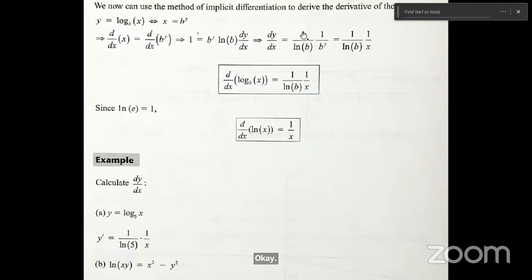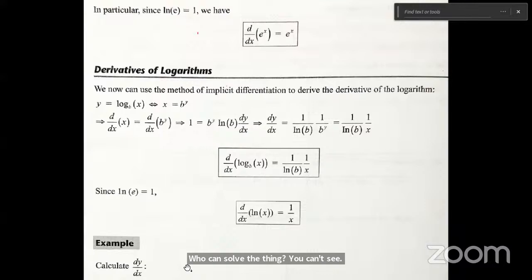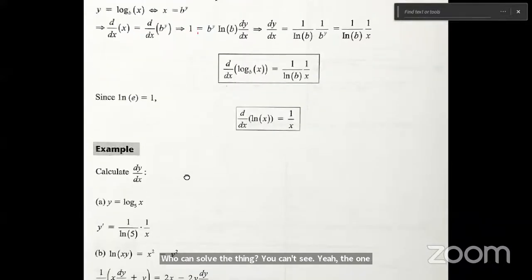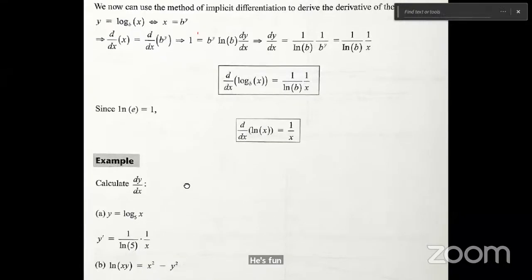What question are we solving? You said we should do B. Who can solve the B? Yeah, the one with the link. This one. B is equal to ln s, y is equal to s square minus y square. Okay, okay.